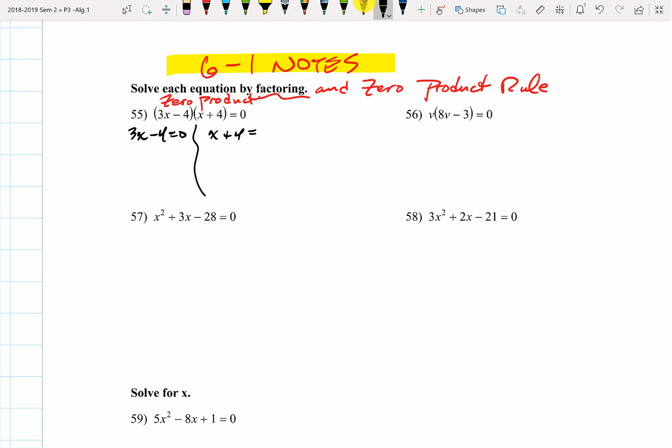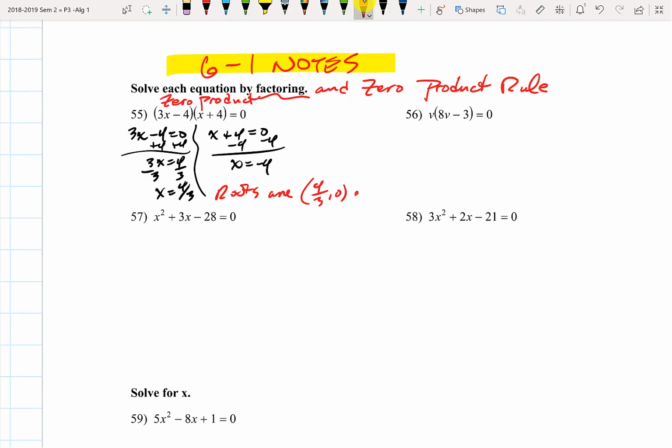You have to figure out what makes them 0. So add 4, you get 3x equals 4, divide by 3, and the first answer is 4/3. Subtract 4, the second answer is negative 4. So my roots are 4/3, 0, and negative 4, 0. You do the same thing here for number 56. Number 57 is not a zero product, so you have to factor first.